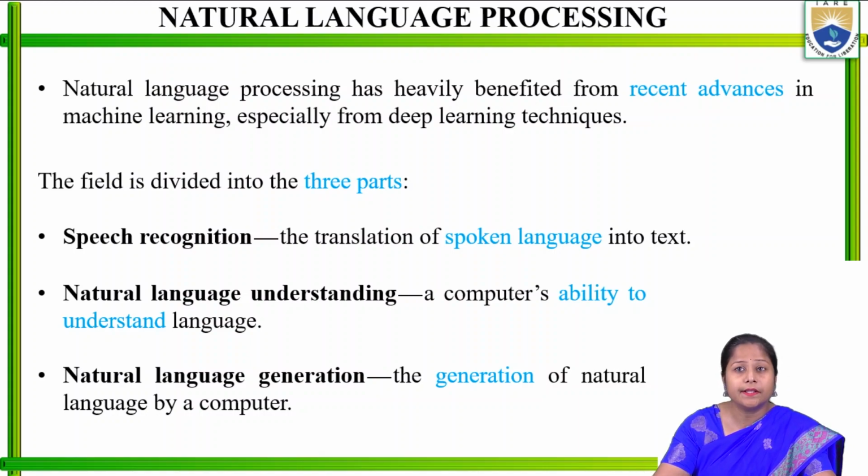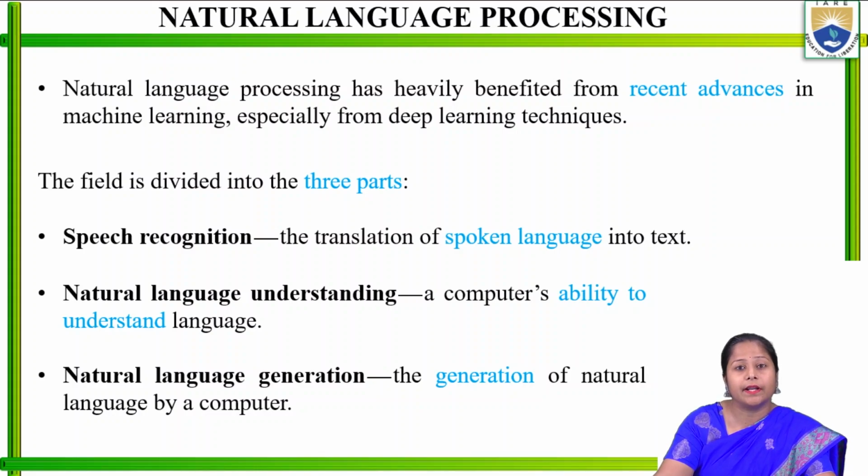Coming to the next section, natural language processing has heavily benefited from recent advances in machine learning, especially from deep learning techniques. Deep learning techniques are used so that the machine can deeply understand the different applications and algorithms.